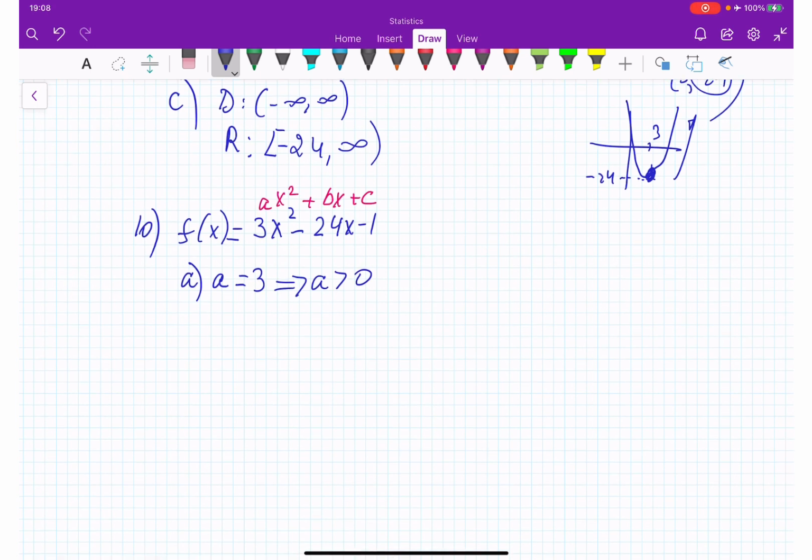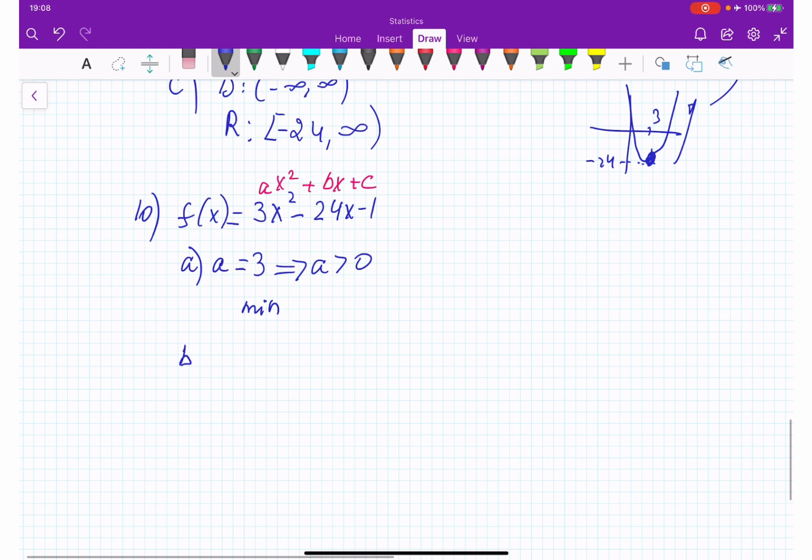Therefore we have what? A minimum, right? The vertex is a minimum. Okay. B, now we need to find the value of the vertex. The vertex is negative b over 2a and the function of negative b over 2a.